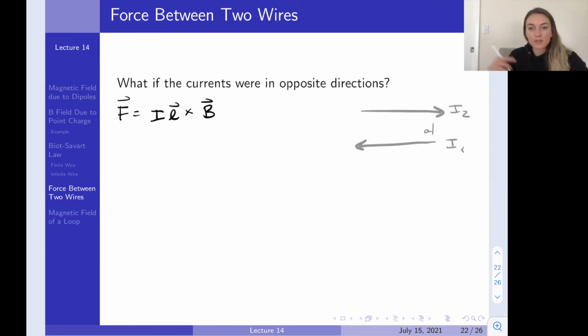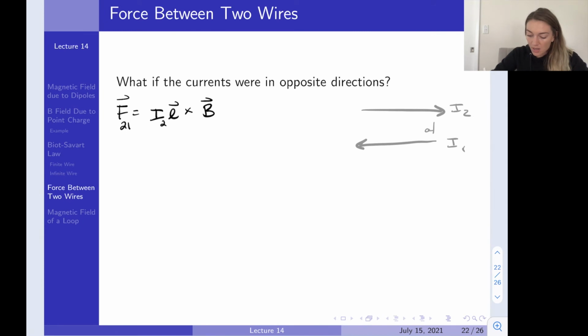So now I want to still find the force on wire 2 due to wire 1. So this is the current in wire 2, the length of wire 2, but we're looking at the same lengths for each, and then the magnetic field of current 1. So the magnetic field of current 1, I know the magnitude, is just going to be mu naught I over 2 pi a again. But the direction here we have to think about.